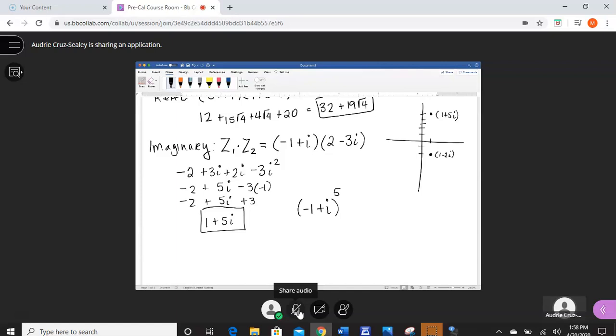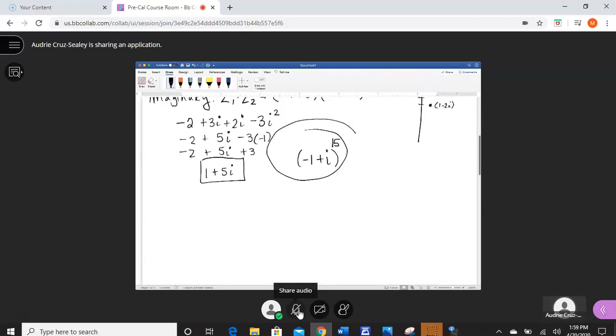Does that make sense? What if I change this 5 to 15 times? Nobody wants to do that. That's too long. But it's easier to do if you're in polar form. I can actually do this in polar form in like 1 step, instead of doing these 15 steps.